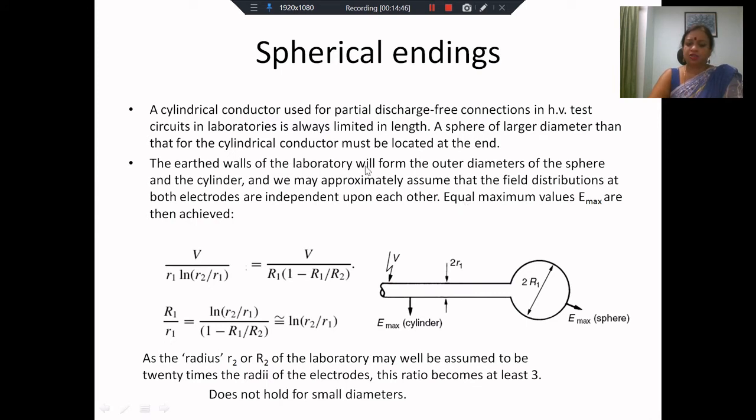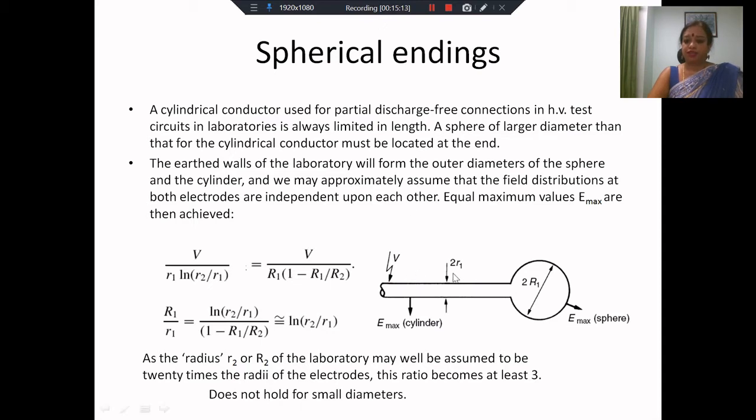So the earth walls of the laboratory will form the outer diameters of the sphere and the cylinder, and we may approximately assume that the field distributions at both the electrodes are independent of each other. That means the cylindrical region is not affected by the presence of the spherical conductor, and vice versa. So we are going to make this assumption.